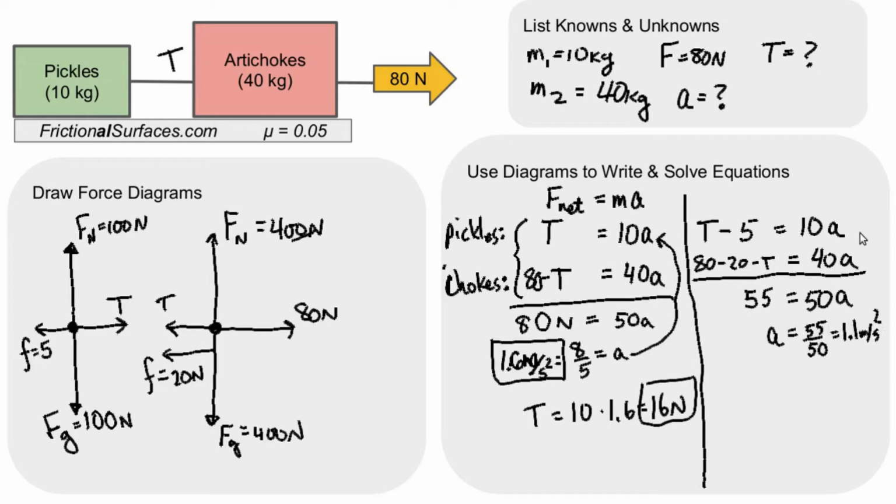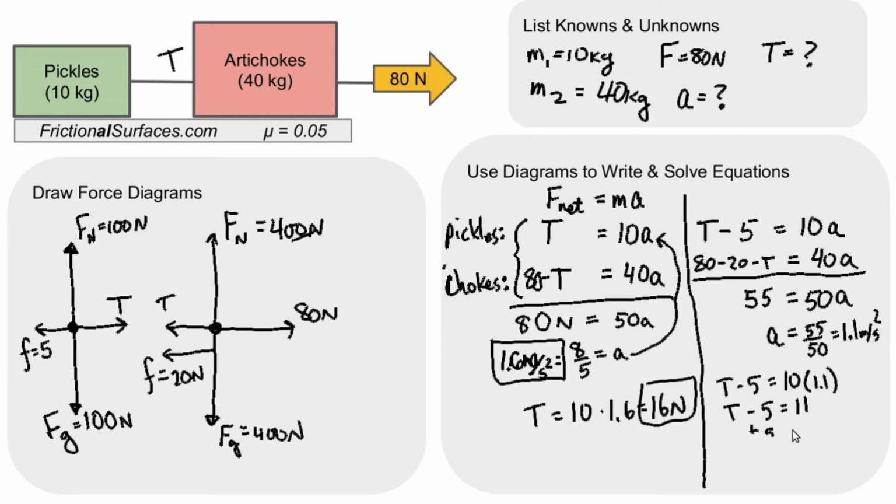And of course I can plug that back into this equation to find out what the tension is. So t minus 5 is 10 times 1.1, which is 11.